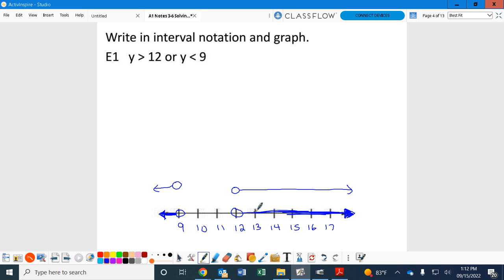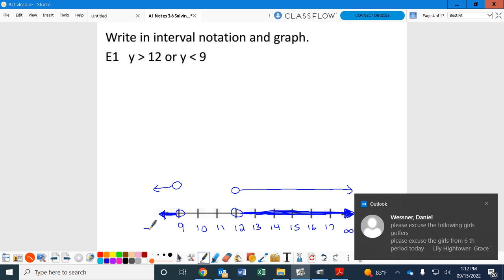And I personally, since y'all are new to interval notation, anytime you see an arrow, I would put your infinity symbols. So underneath the arrow on your right side, I would write the infinity symbol. Underneath the arrow on the left side, I would write the negative sign and then the infinity symbol.